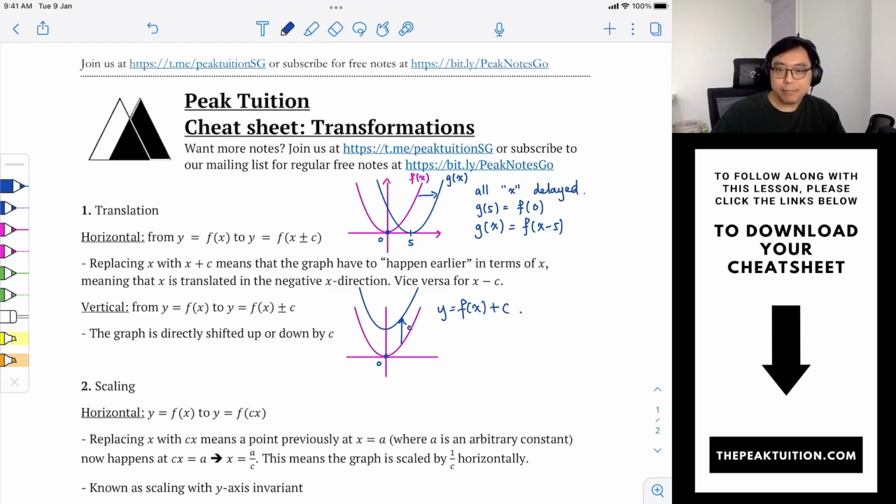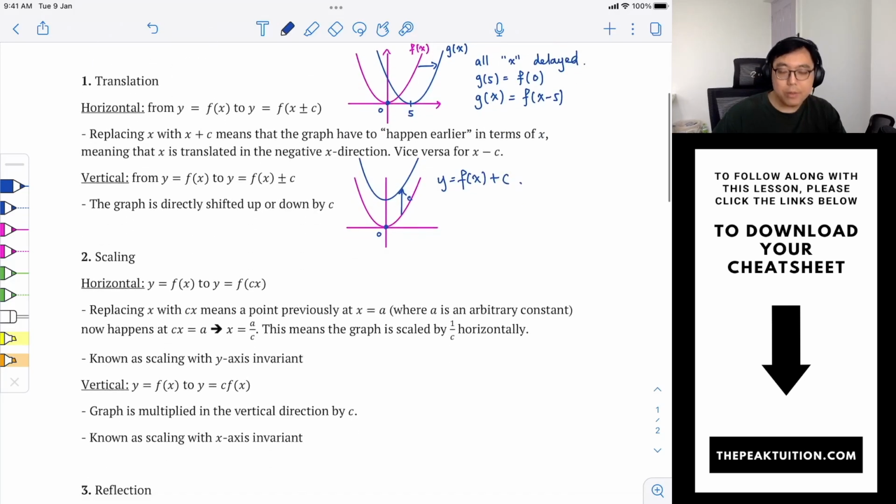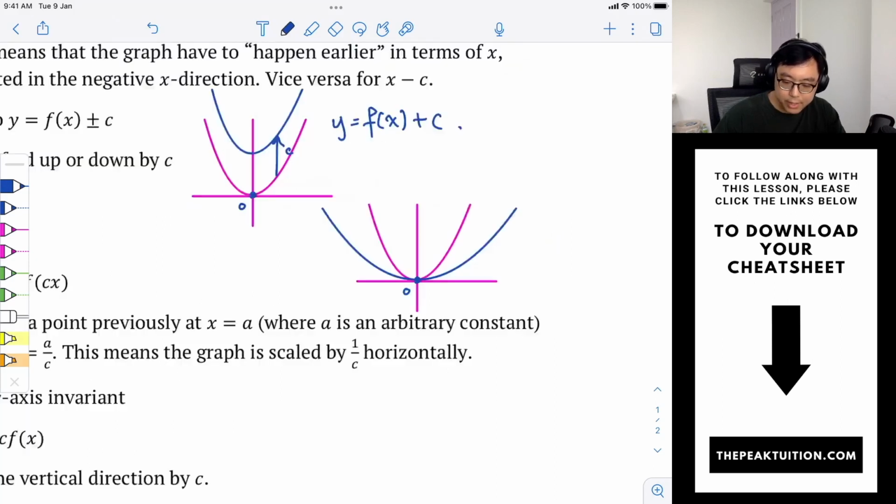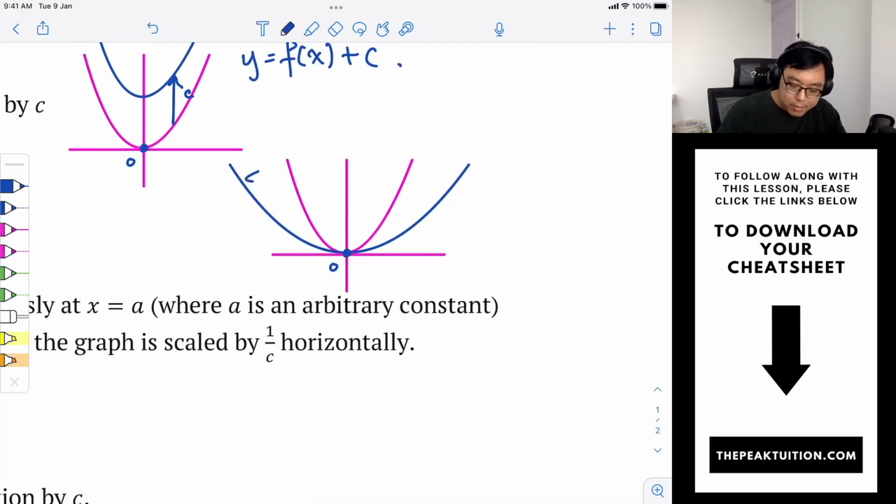Okay? So in the case of scaling, we can also scale it horizontally or vertically. Horizontally is where we stretch right or left. Using the same graph as an example, we can maybe stretch it outwards. Okay, so we see that the entire graph is being stretched out like this.